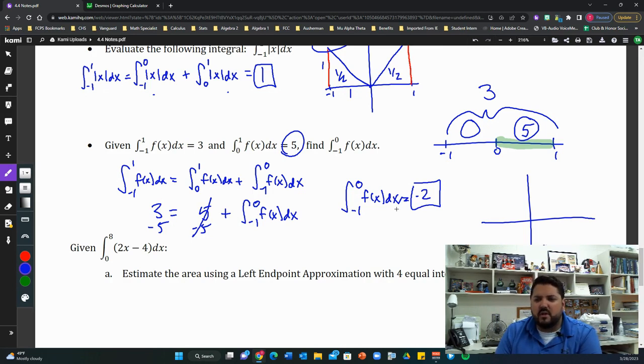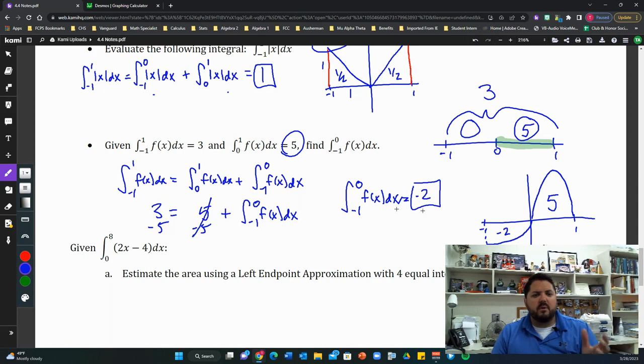So it could look something like this. So going from -1 to 1, I could have a small area of negative. So this region here could have an area of -2, but then I must have a much larger area for this positive region of +5. But the total area from -1 to 1 then would be the total of those two, and that's how we end up with 3.